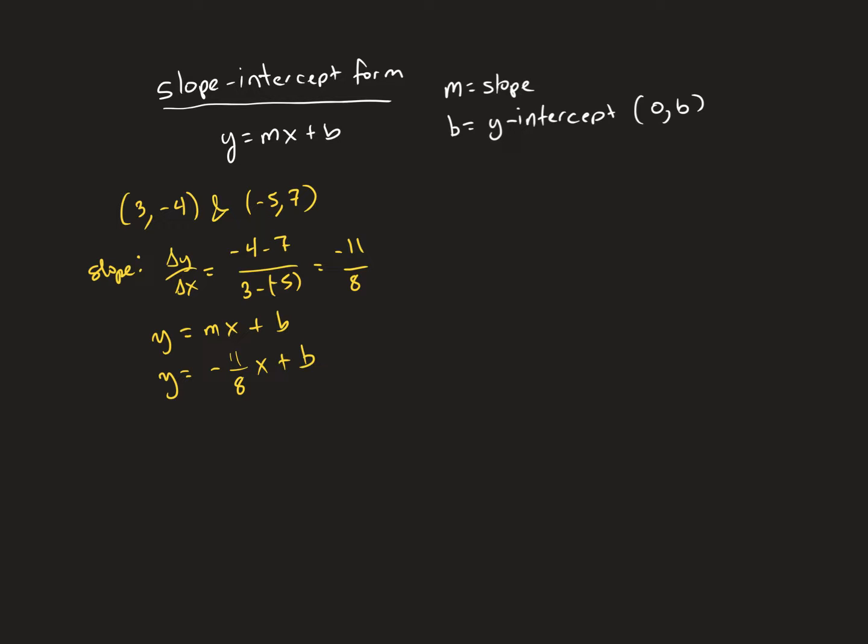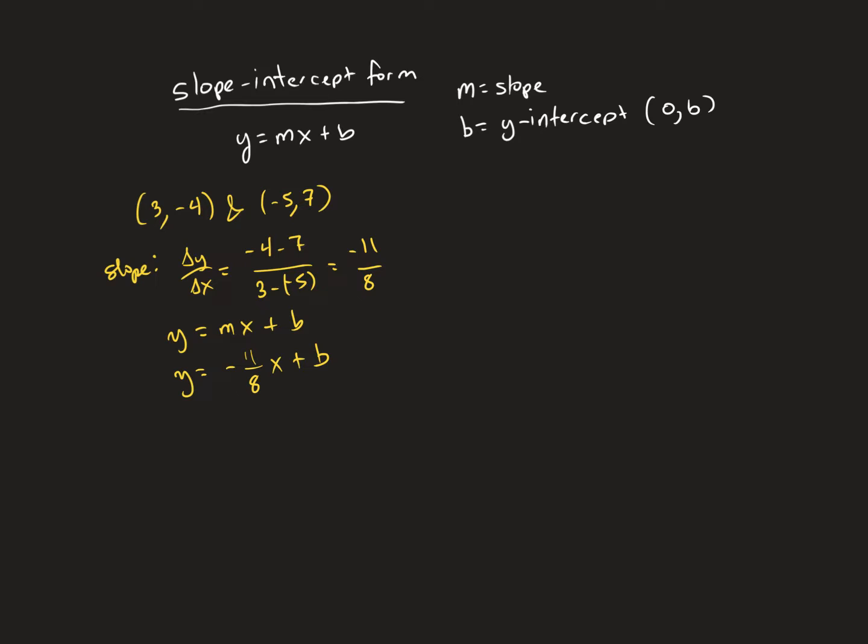So if we take one of those 2 points, either the (3, -4) or the (-5, 7), and we plug it in for the x and the y, that should make the equation work because those points are on the line. So I'm going to take one of those 2 points. This time I'll choose the (3, -4), and I'm going to plug that in for the x and the y. And this gives me an equation I can then solve for b.